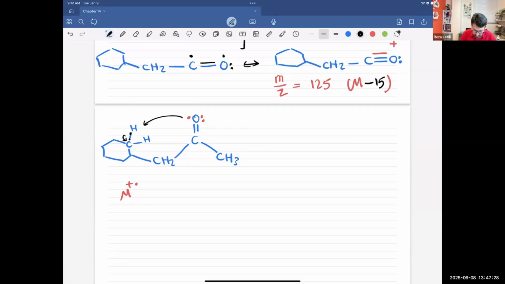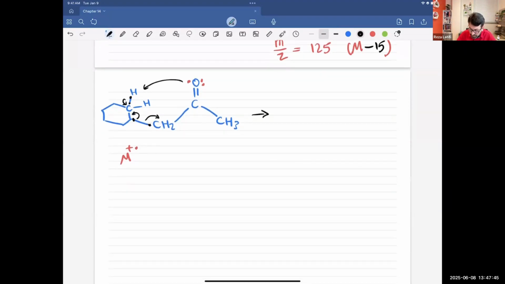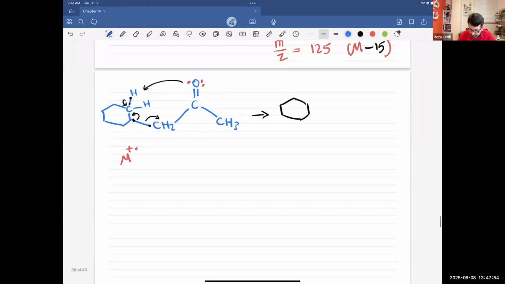We're going to give this one to oxygen, and also we will have a rearrangement here. This carbon will take 1 electron, and that is going to be shared with the neighbor carbon. And so the thing that we will see, we will have cyclohexene. This one is neutral, plus we will get this species, carbonyl.